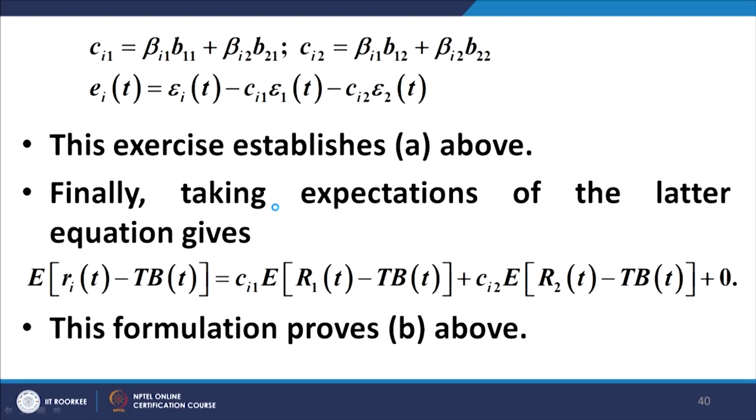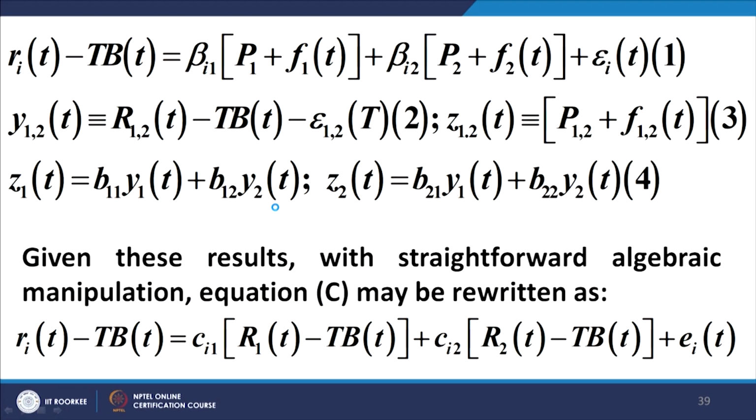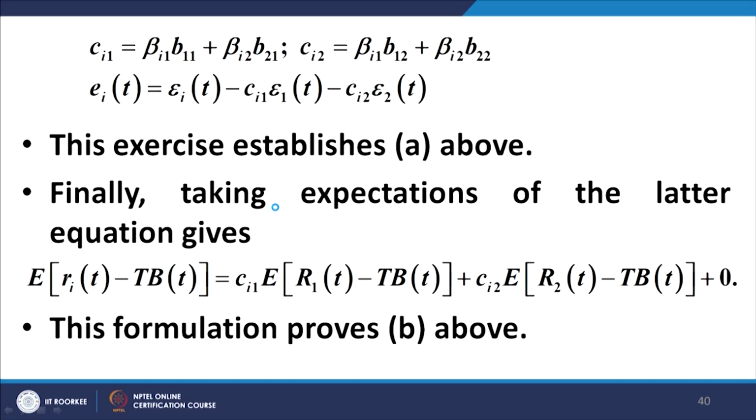Then by taking the expectation of the last equation on the slide, we can establish the second part of our contention. So, we are able to establish the fact that if we have two diversified portfolios, or if we have k diversified portfolios, we can use those k diversified portfolios for the inputs in terms of the risk factors into the APT model.